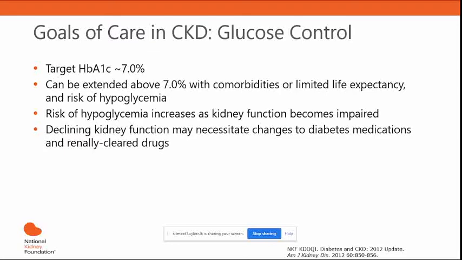Another important aspect of slowing down or arresting the progression of CKD is glucose control. As I mentioned before, the major contributor to CKD is diabetes, and a patient with diabetes and CKD should have good blood glucose control. The target HbA1c is less than 7, but the target varies depending on comorbidities, age, and the risk of hypoglycemia.